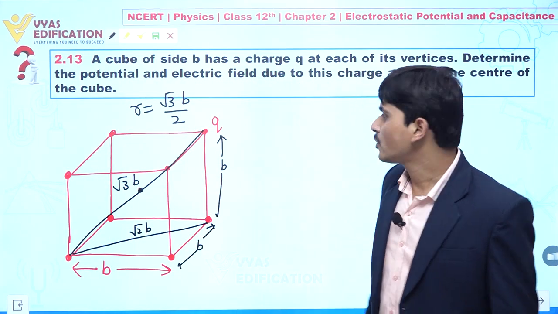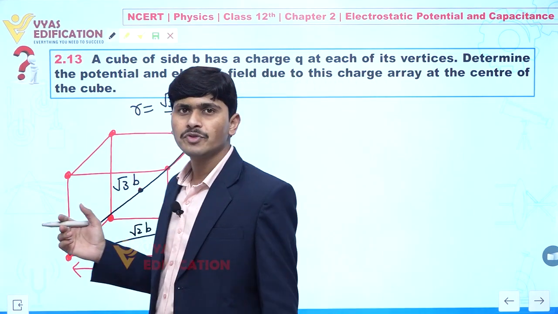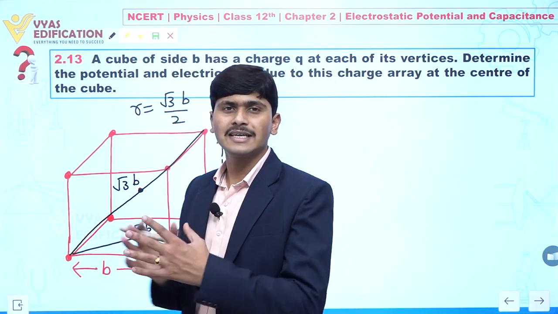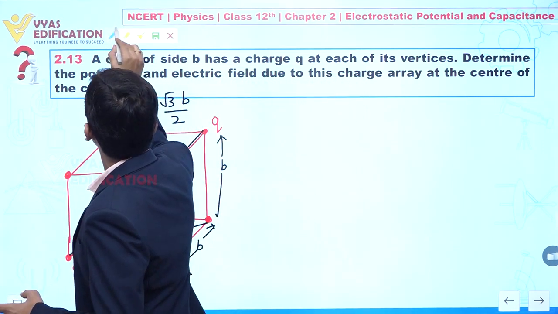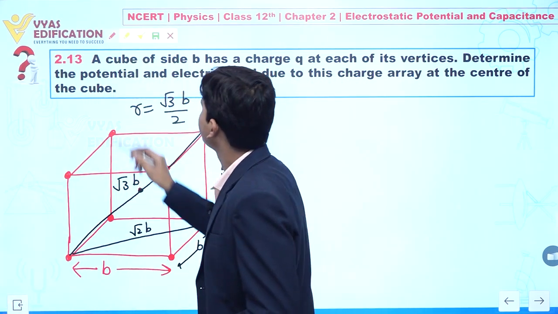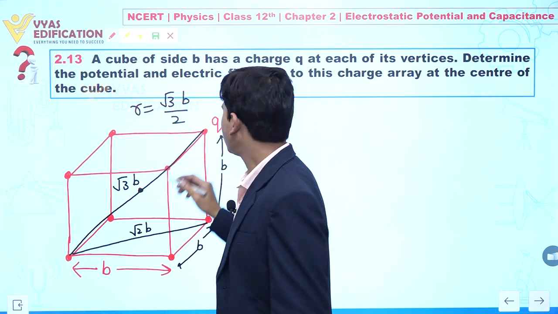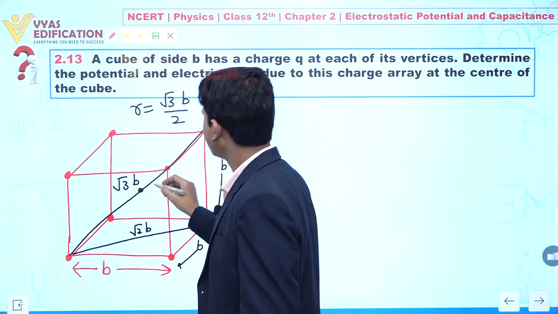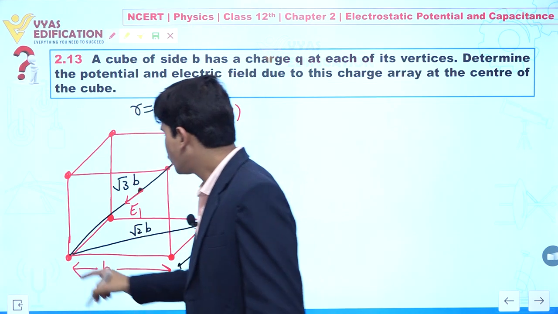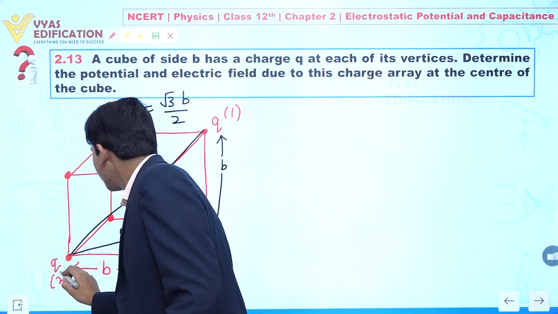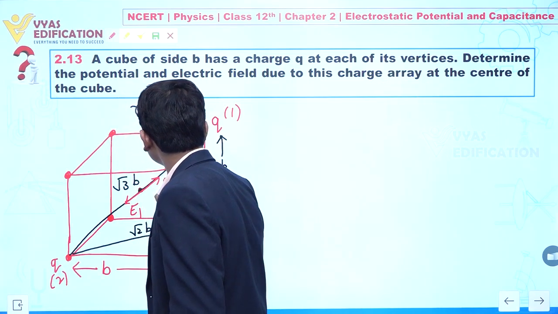So first of all, if we talk about the electric field due to all the charges at the center, how can we see? Listen carefully. Now let's suppose if I say what is the electric field due to this charge, let's suppose 1, on this center, definitely we can say in this direction this is E1, clear. Due to this charge, let's suppose this is 2, we can say the electric field in this direction, this is E2.